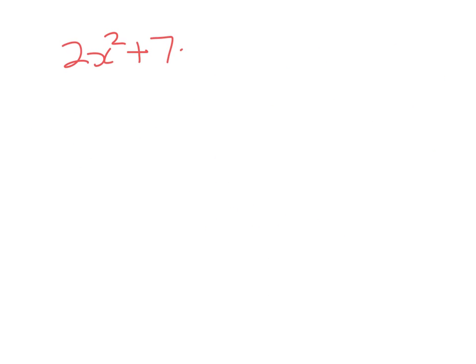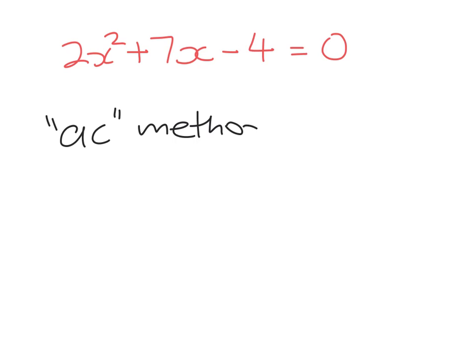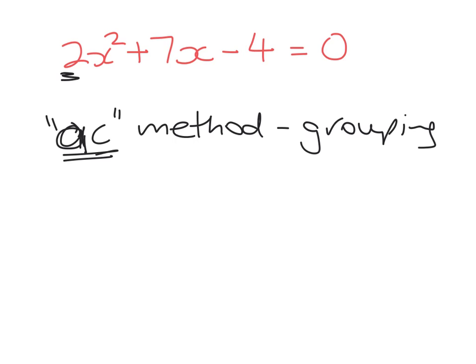Okay, so let's look at a more systematic way to factorise and solve this equation. This is sometimes called the AC method, also known as grouping. I quite like calling it the AC method because once we've learnt the quadratic formula, we know that the A refers to this number and the C refers to this number, and it's going to remind me what I'm trying to do.